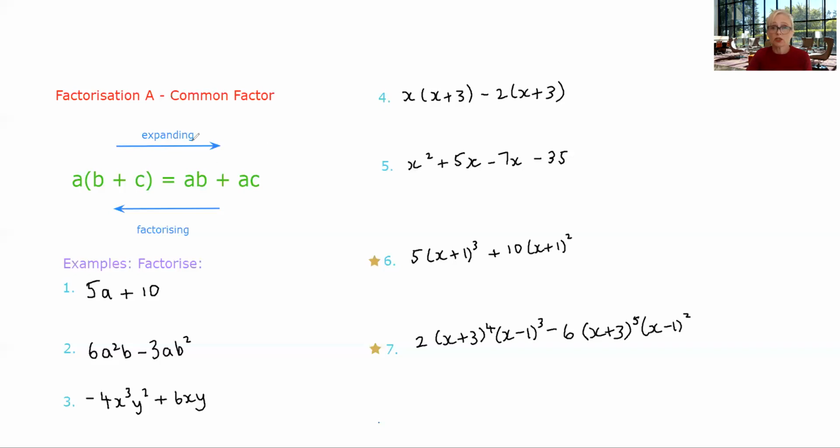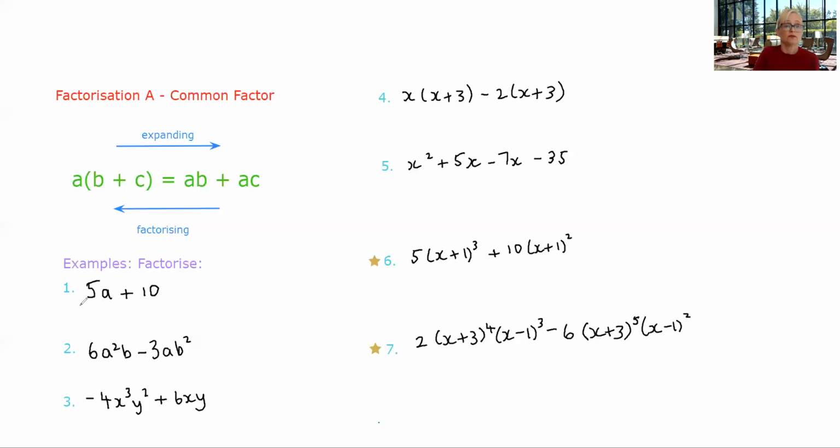So expansion is taking a product and putting it into the form of a sum or difference. Factorisation is going back the other way. We're taking a sum or difference and putting it into the form of a product. Normally, mathematically speaking, we prefer things to be factorised where possible. So what you're actually doing here is you're using your distributive law in reverse.